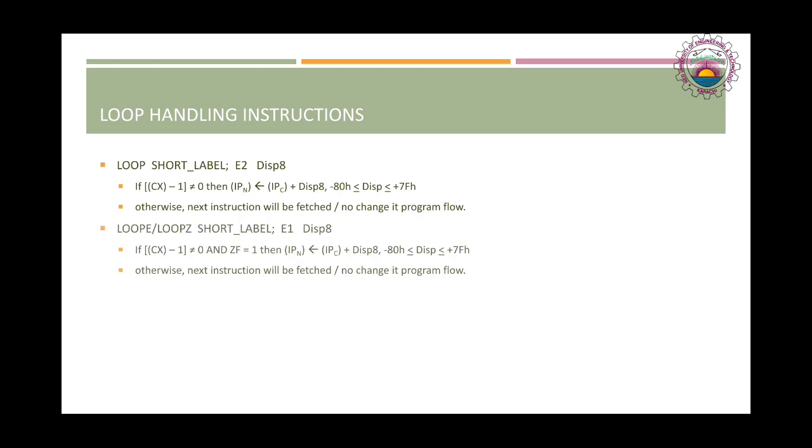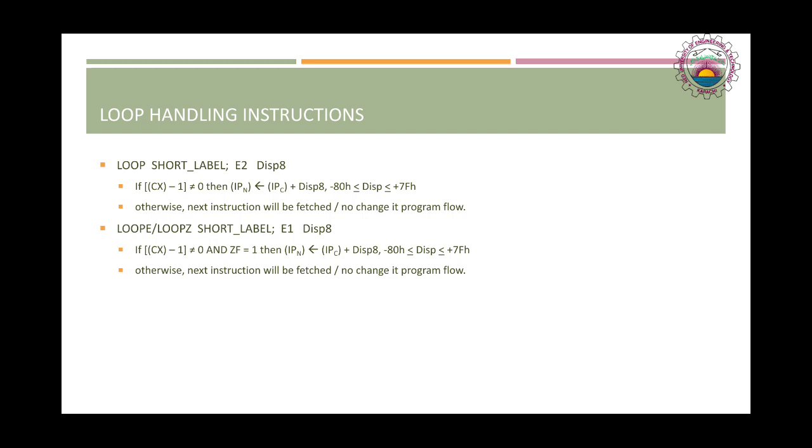The next loop instruction is LOOPE, loop if equal, or LOOPZ, loop if zero, with a short label. The opcode for LOOPE or LOOPZ is E1, and you will be having an 8-bit displacement in the second byte. Here you have to check two conditions before loading a new value for IP. The first condition is the same, that CX minus 1 should be a non-zero value.